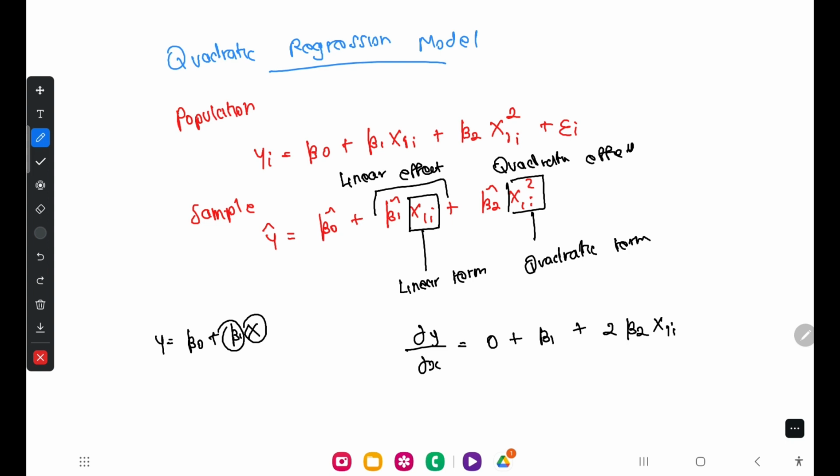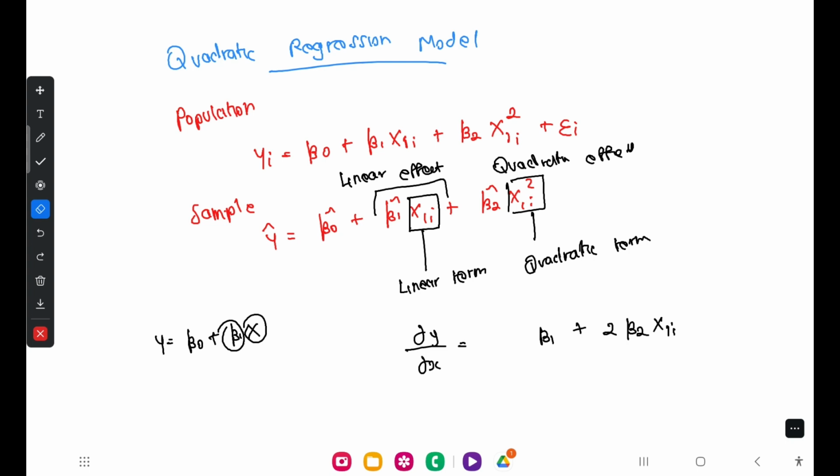Okay, so this is the rate of change. I'll remove this 0 as well so that it's not complicated. In simple linear regression, when x increases by 1 unit, y will increase by the slope coefficient itself. But over here in quadratic regression, it will not increase by just beta 1. It will increase by beta 1 plus 2 times beta 2 into x.